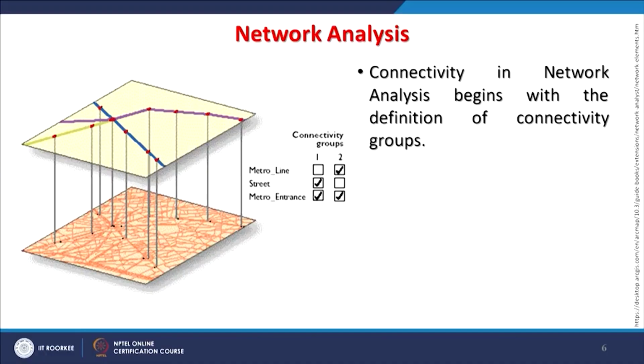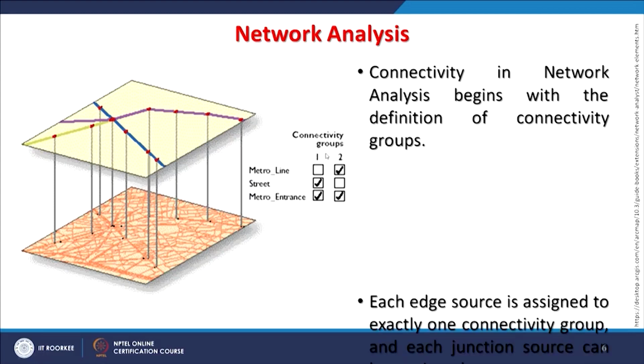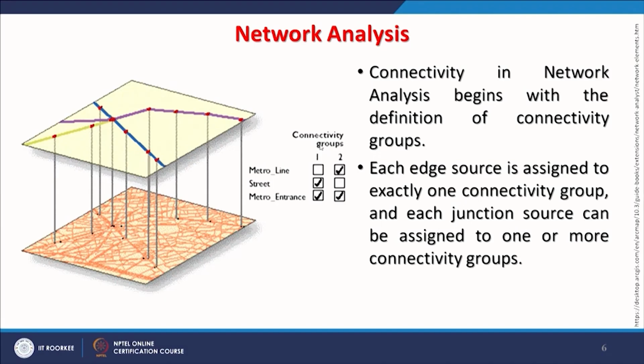Let me take an example here. Connectivity network analysis begins with the definition of connectivity groups. As you can see here, the first group has a metro line and a street.